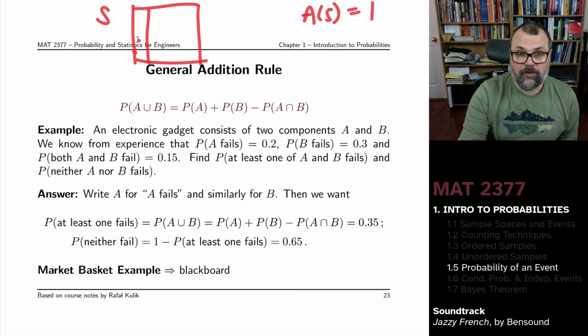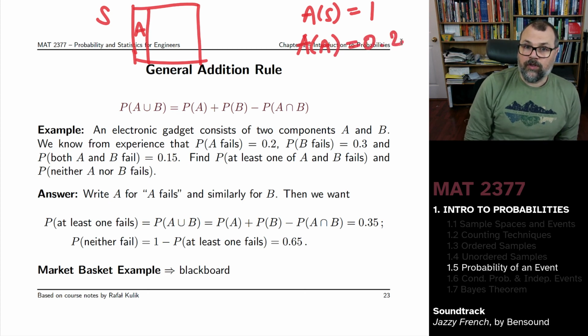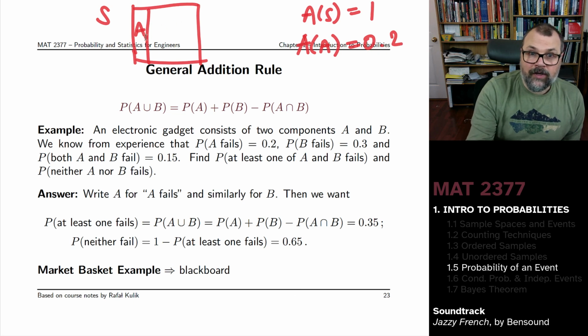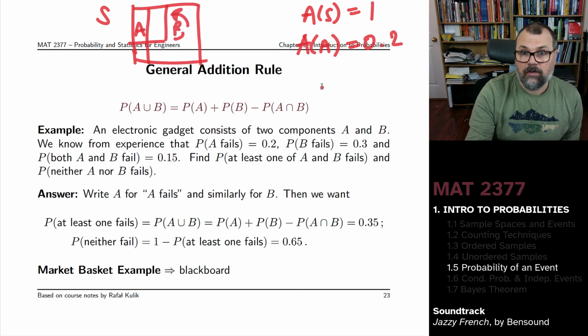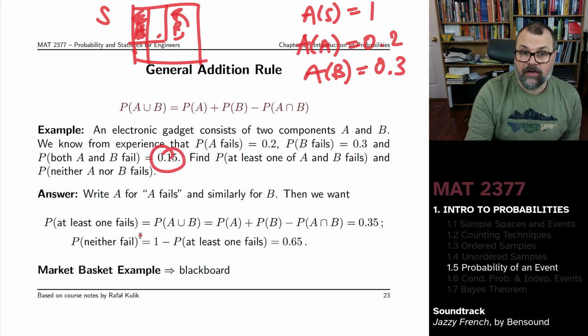Perhaps you still put event A here, so you're saying that the area of A should be 20%, 0.2, and that the area of B, I'll use the same color here, would be here potentially as 30%, and the area that is in both, that one corresponds to 15%. So this number here would only be 0.05. That's the difference between the full 20% and what's in both, and the number here would be 0.1.